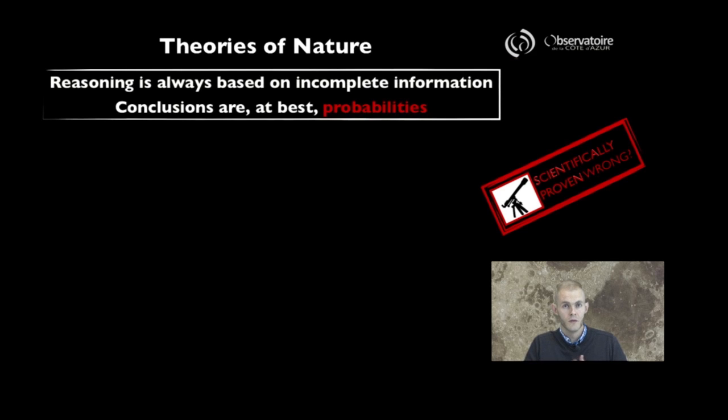And in practice, it is impossible to prove that any theory we have of nature is true. The reason for that reality is that our reasoning is always going to be based on an incomplete set of information. We don't have all of the cards in the game to be able to draw a conclusion that is going to be final.